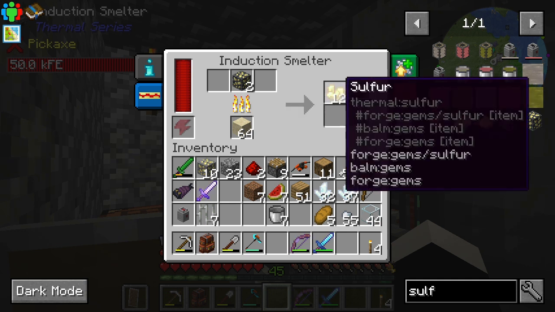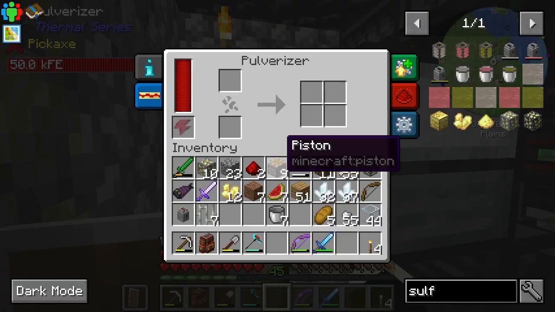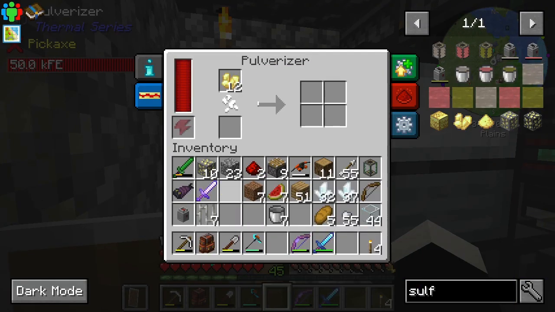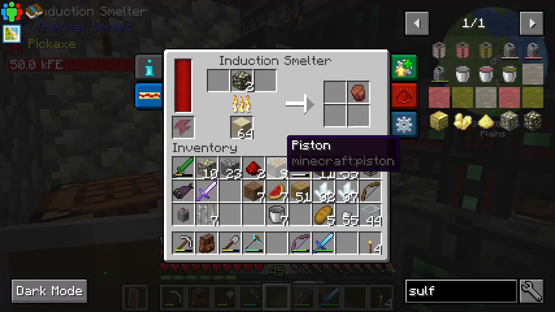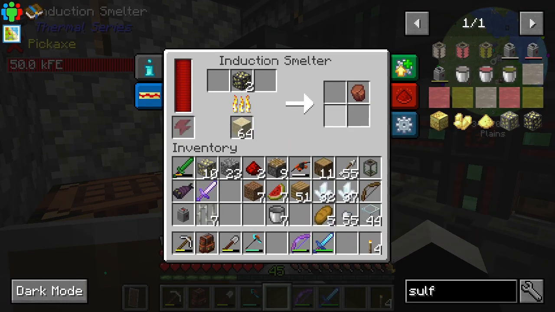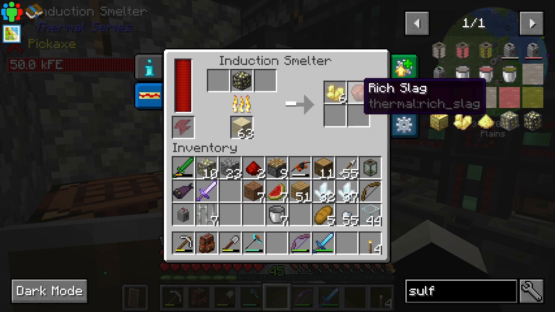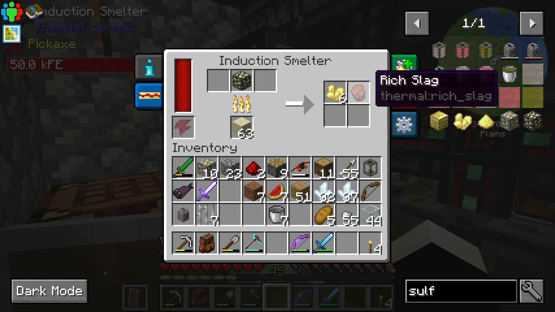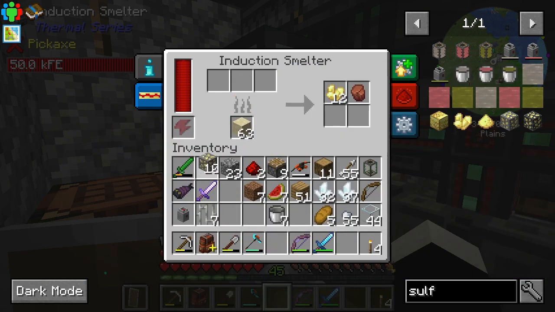But this is certainly going to get us more sulfur than just digging it up. It's the only way to get more than one, and I end up getting 6. Who'd have thunk it?